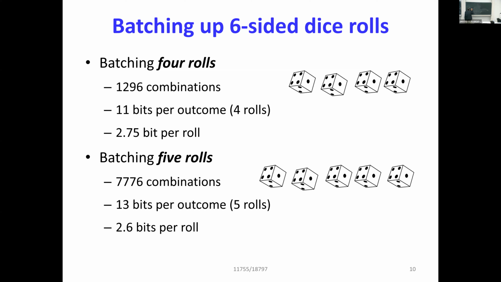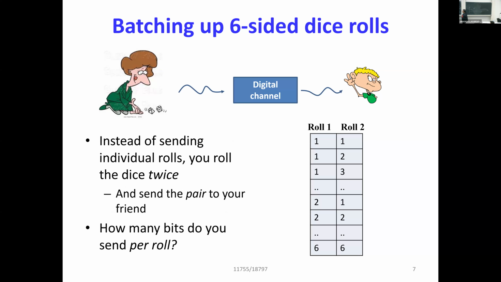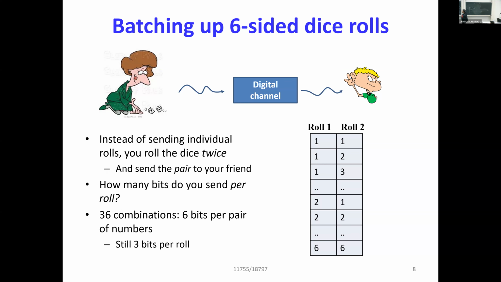Then 3, it went up a bit to 2.75. Then 4, it went down to 2.6, right? For 2, what was it? 2 was still 3, then it went down here, then it went down to 2.6.